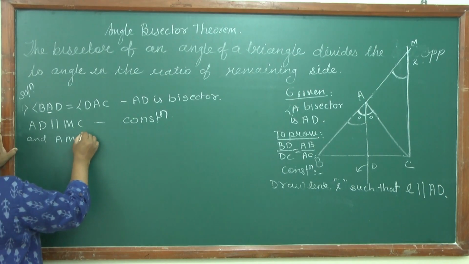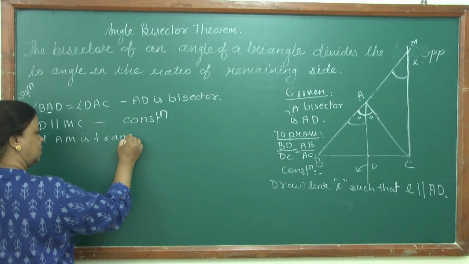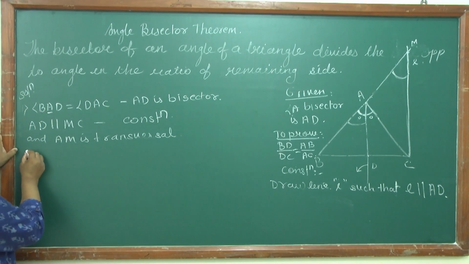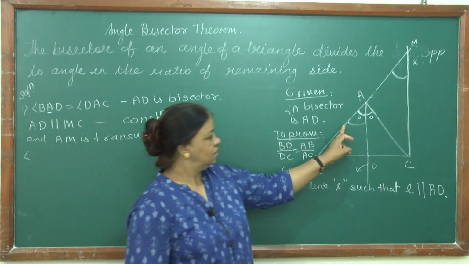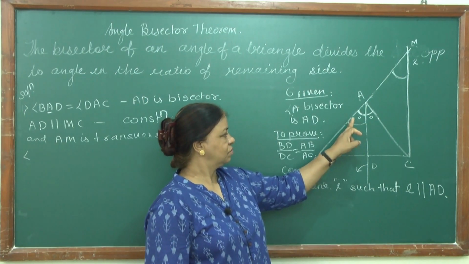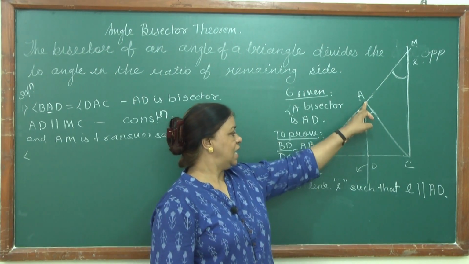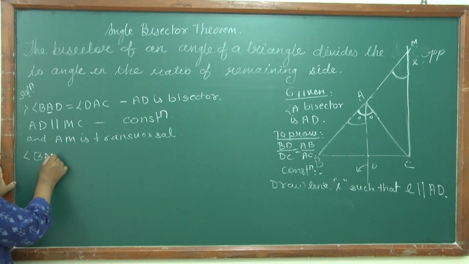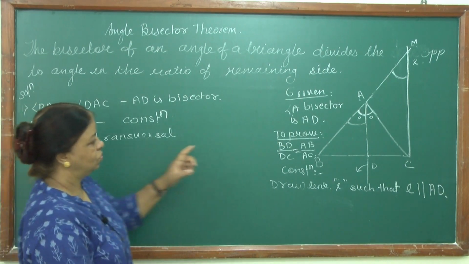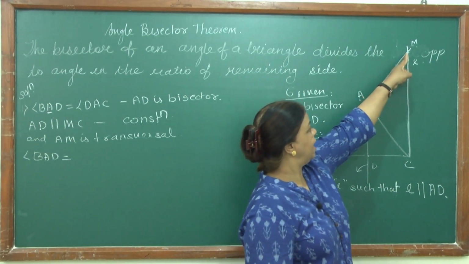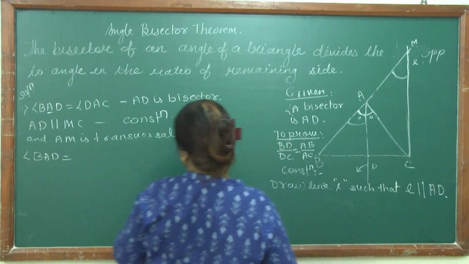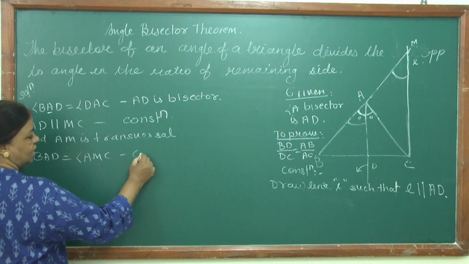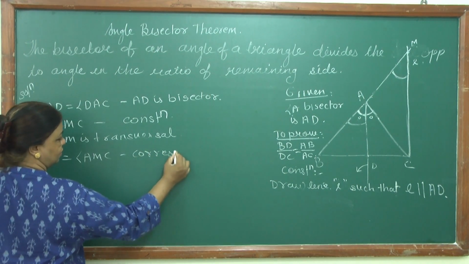Then this angle BAD is equal to angle AMC. Which angle is it? Corresponding angle.